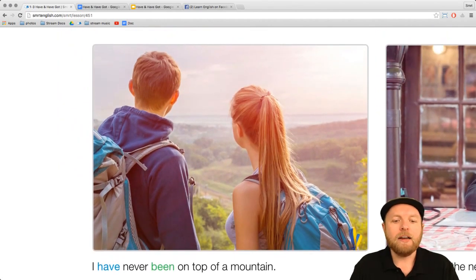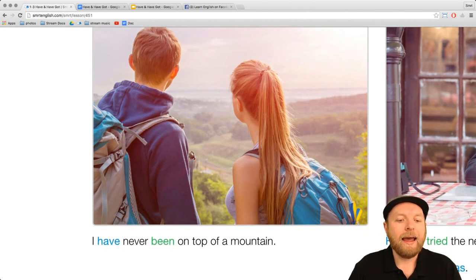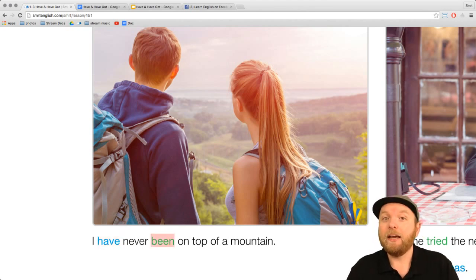I have never been on top of a mountain. I have never been. This sentence is in the present perfect tense, and here you can see that have is helping been, like my example.